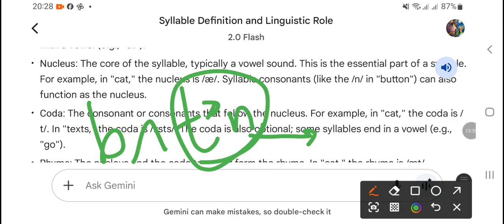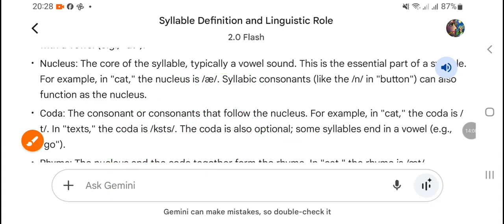Because this is a consonant and this vowel is not exactly the syllable. This vowel is a syllable, but this N also works as a vowel. I will tell you later on.